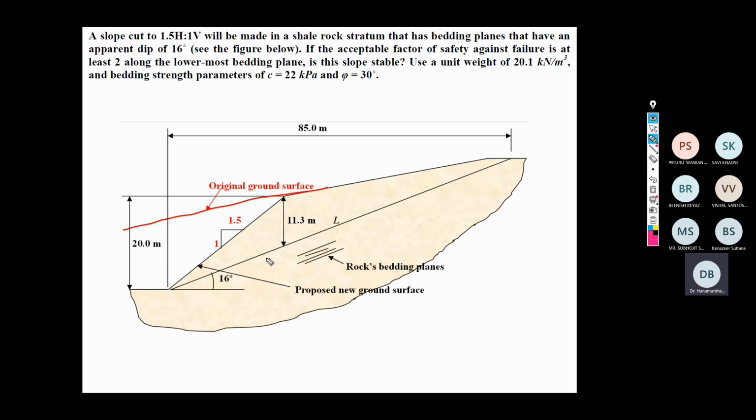So as we know from the fundamentals, the factor of safety is nothing but the resisting moment by the driving moment, or resisting force by the driving force. So here, where is the resisting force? In fact, resisting force.